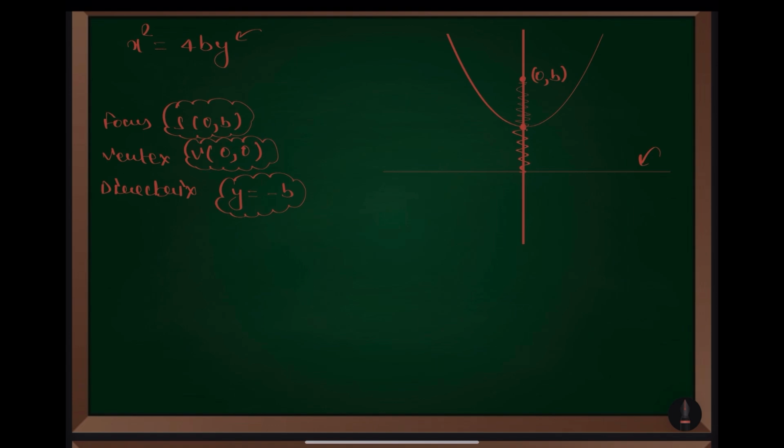Now you know that there will be latus rectum as well. This time its y coordinate will be same, so b and again b. Now look at this, suppose that you substitute y as b, so you will have 4b square, so it is 2b and minus 2b.